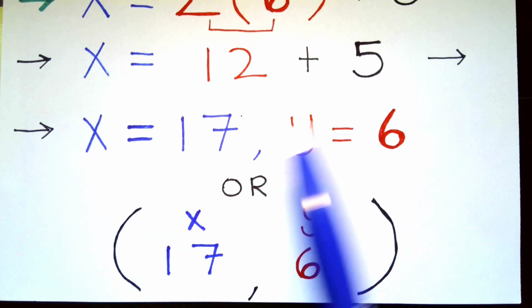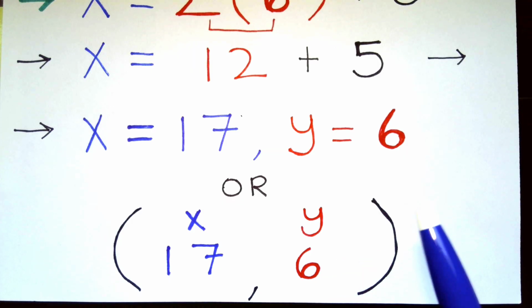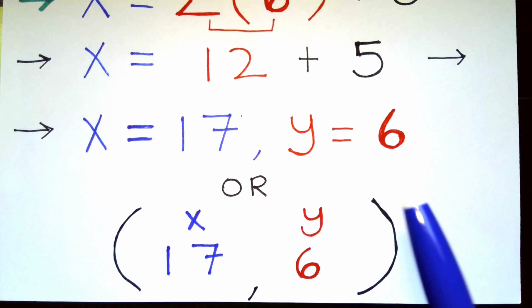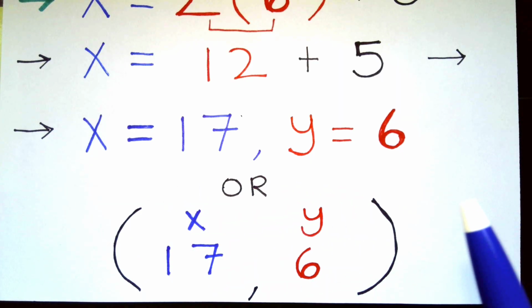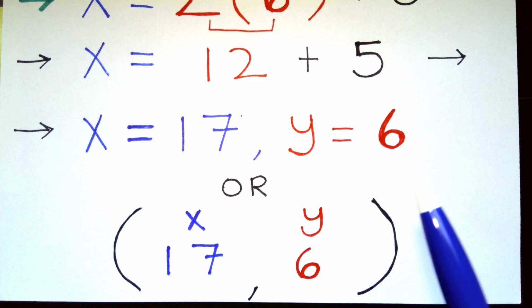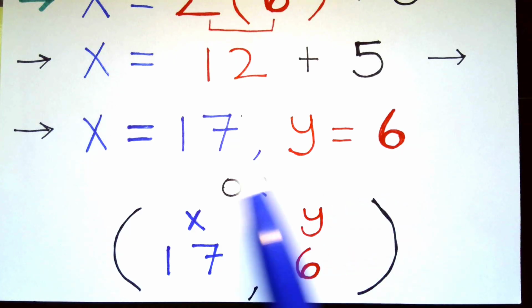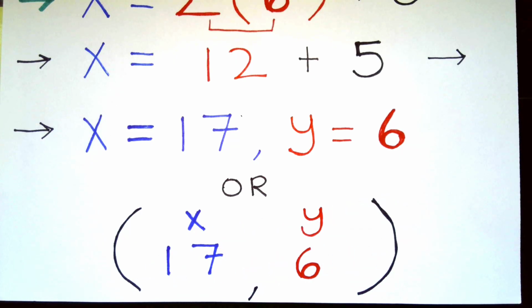So you can write your answer in either way. And if you've been following all of my videos and you're watching my graphing, then you understand the solution is where those two lines cross. Your x will be 17, your y will be 6. That is the solution, but we're not done. We're not finished.